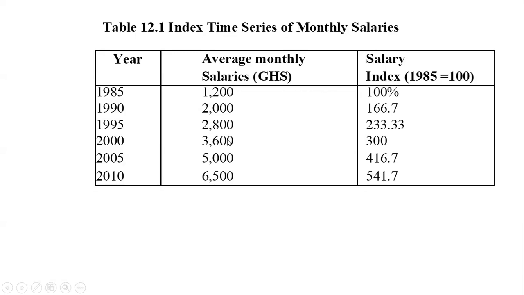You do the same for 2000. Divide 3,600 by 1,200, multiply by 100. That gives you this, 300%. Then 2005, same, 5,000 divided by 1,200 times 100% will give you this. And then 6,500 divided by 1,200 times 100%, that gives you this.